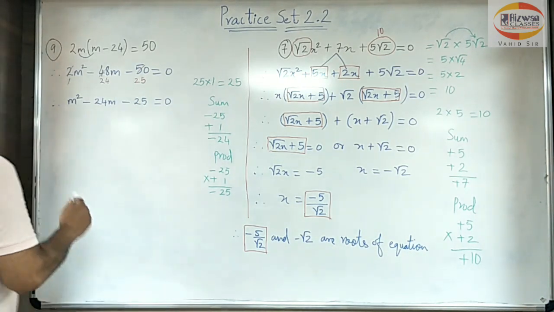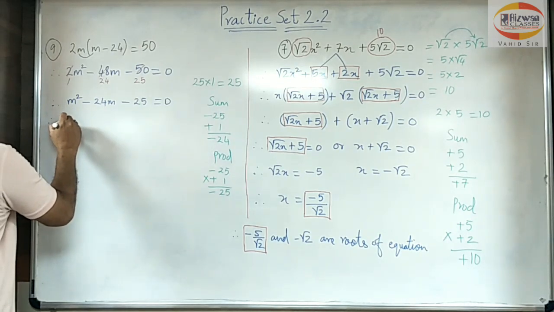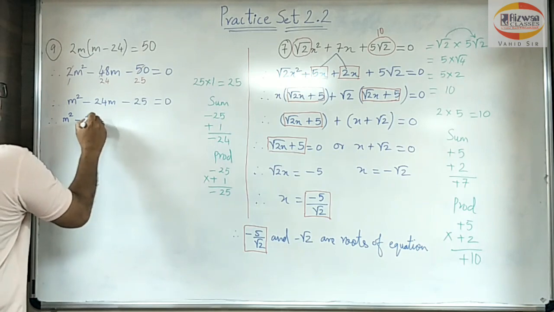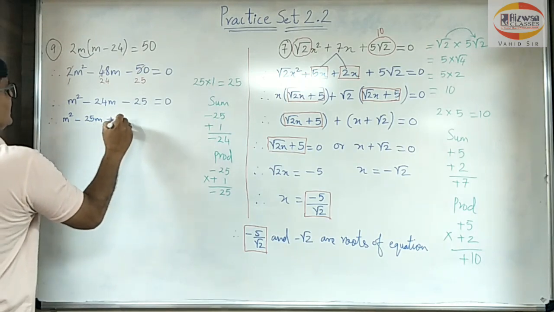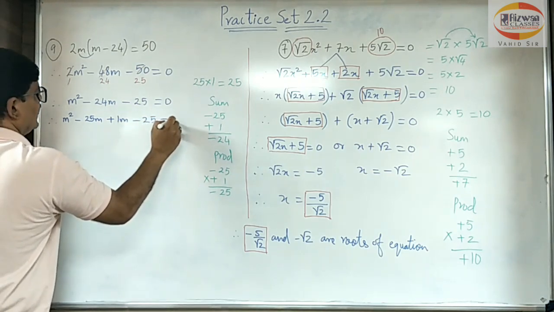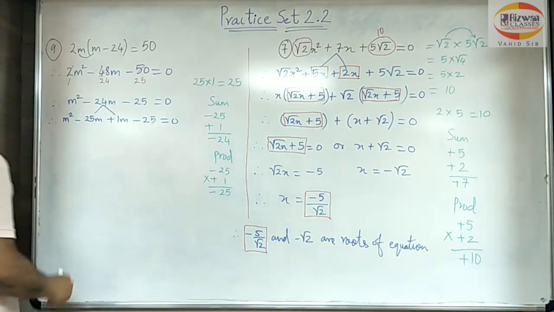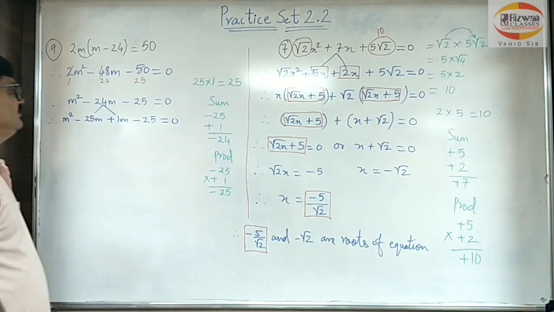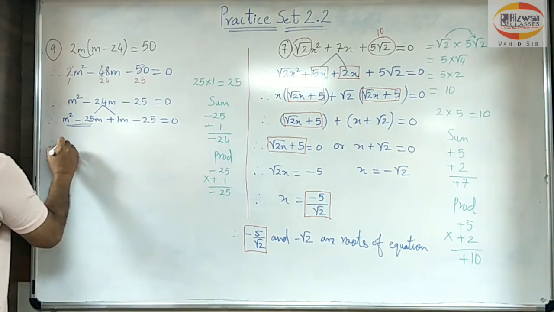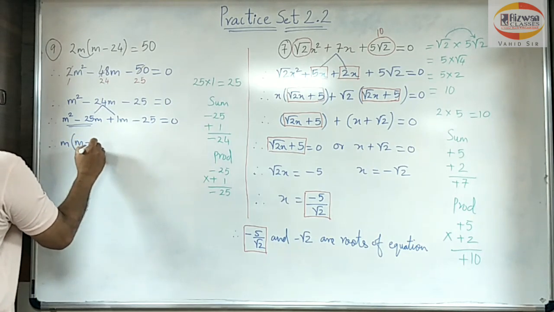Now what I'll try to do here is write m square minus 25m plus 1m minus 24. You can see that over there. I have split up the middle term, and in the place of the middle term I wrote 25 and 1. Now what is common from here? If you take it over here, in this case it is m. So this will be m minus 25.